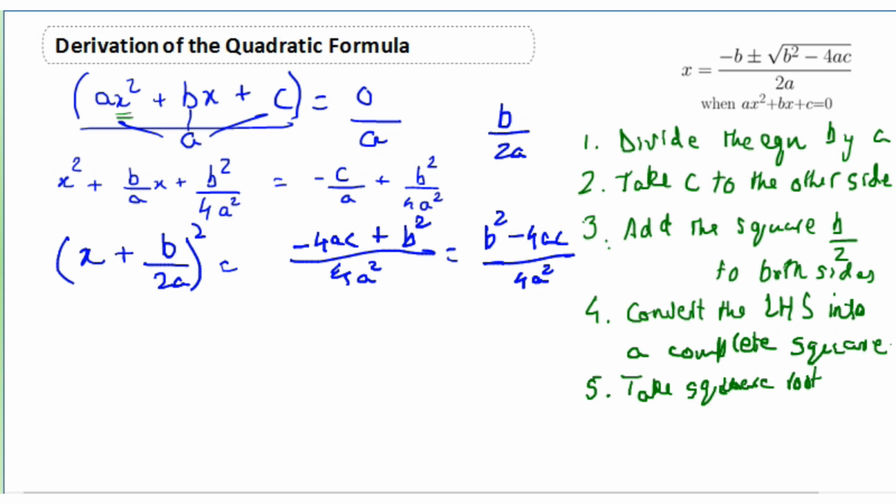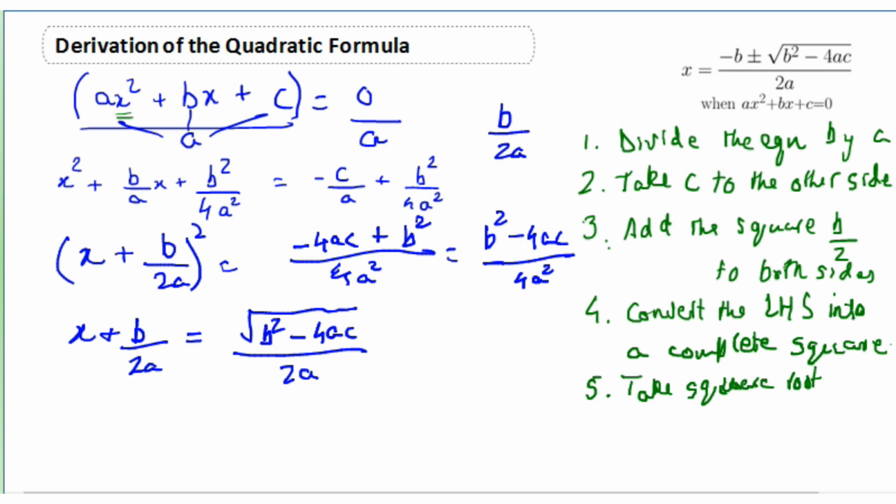When we take the square root of the left hand side, we are just left with x plus b over 2a, and on the right hand side we have the square root of b square minus 4ac over the square root of 4a square, which ultimately, the square root of 4 becomes 2, and the square root of a square becomes a, so upon 2a.